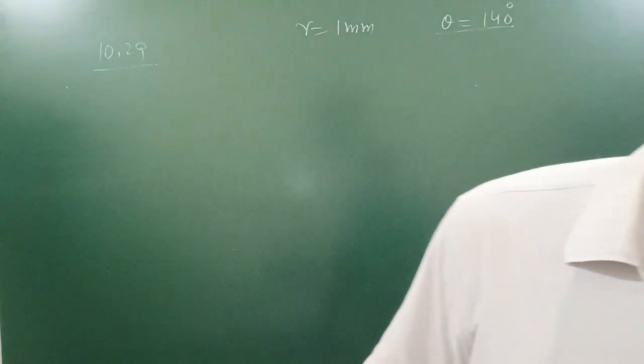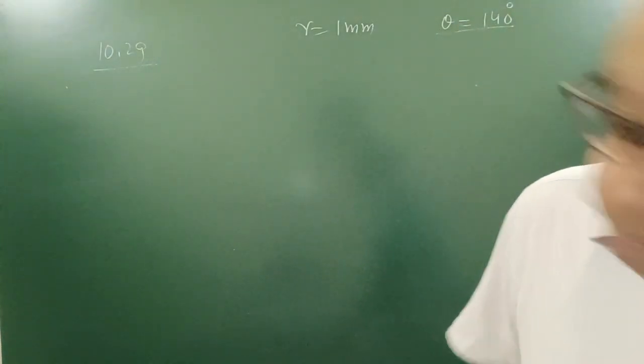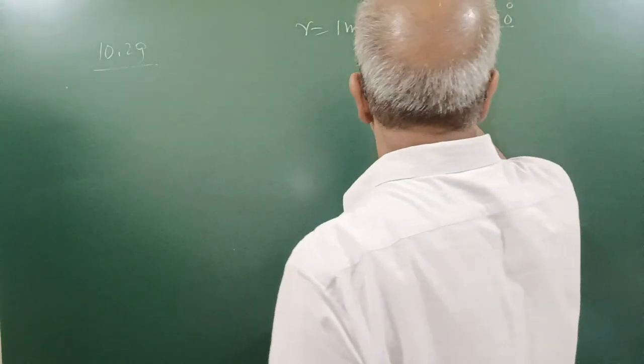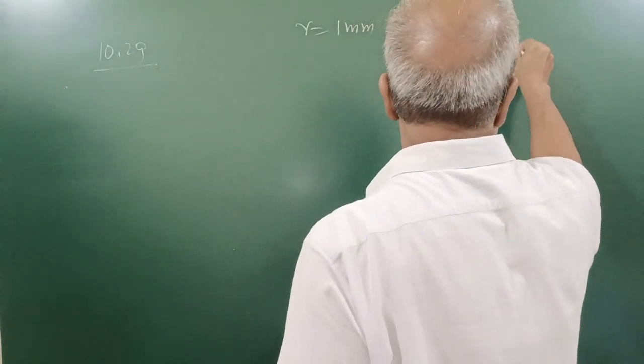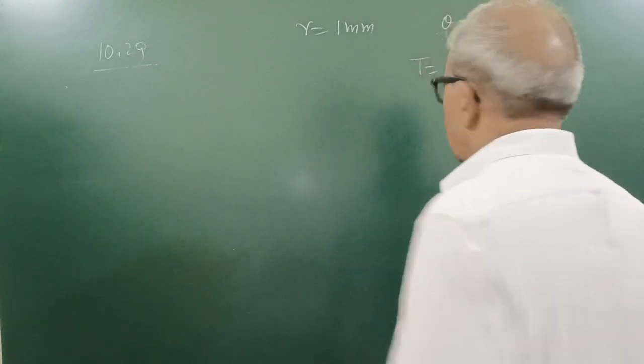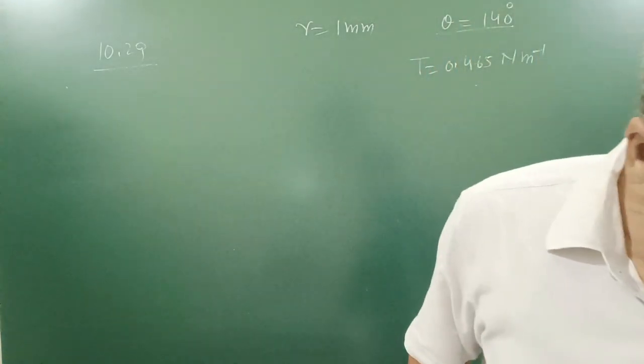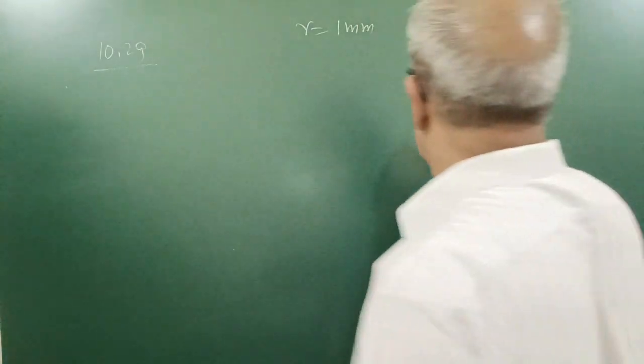Surface tension of mercury is T equal to 0.465 Newton per meter. This is the surface tension. G is 9.8.